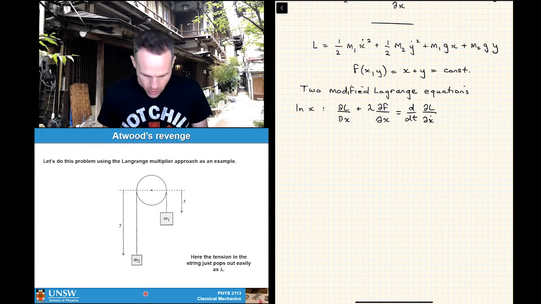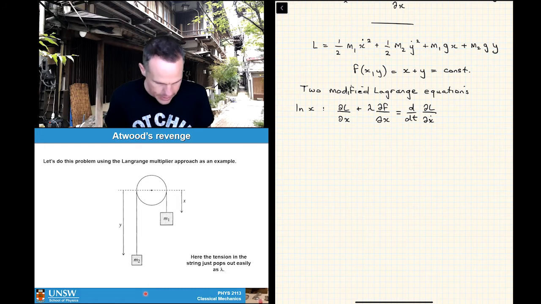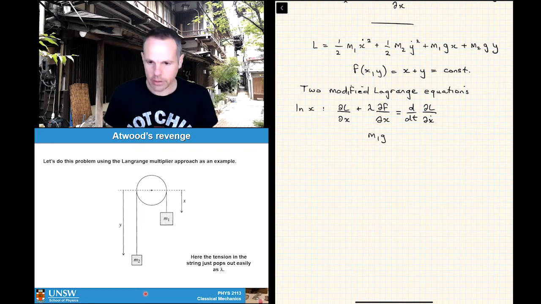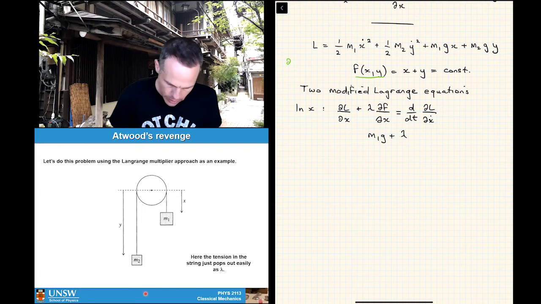And I'm going to go a bit faster this time, so we know that our dL/dx is just m1g, okay, so we're just pulling down the term that's related to x in here, plus lambda times the derivative of F. Let's write the two derivatives over here. dF/dx is just going to be 1, right?